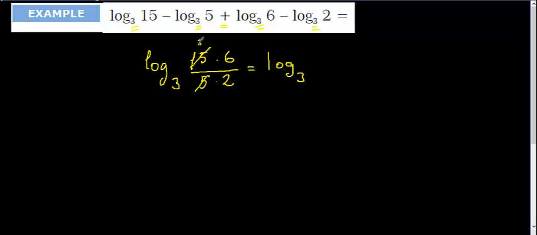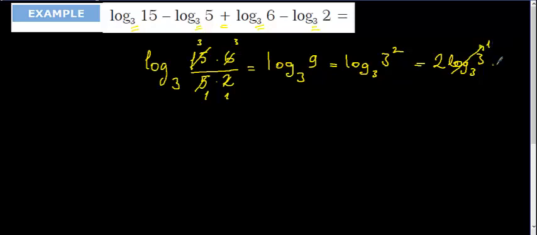If you simplify, 15 and 5 become 3 and 1, and 6 and 2 become 3 and 1 again. So 3 times 3, logarithm base 3 of 9. It's equal to logarithm base 3 of 3 squared, which is 2 times logarithm base 3 of 3. This is equal to 1. Then the answer is 2.